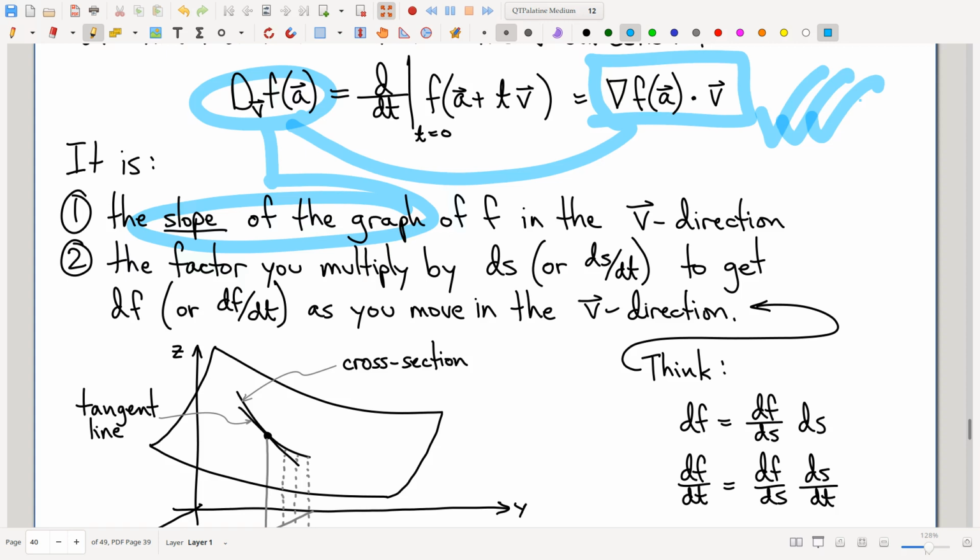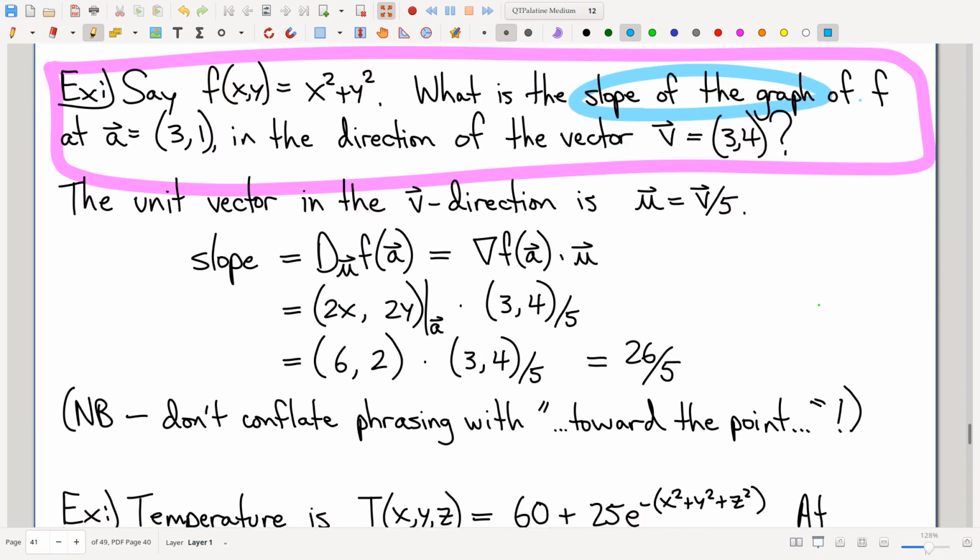Super easy. Nothing to it. Everybody happy? Okay. So, slope of the graph is directional derivative, computed with a dot product with the gradient. That's basically it. There's a couple little details that I need to talk about here. That's the meat of this example. Slope, directional derivative, dot product with the gradient, and we're in business.